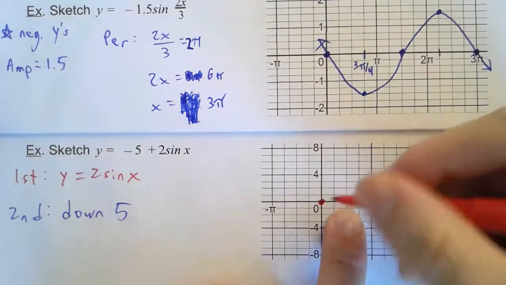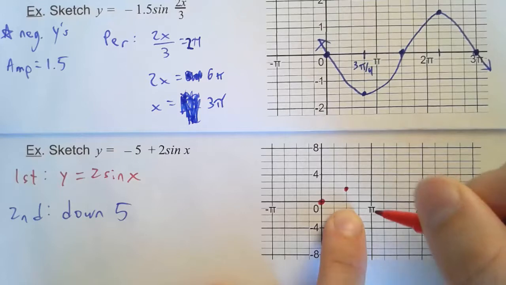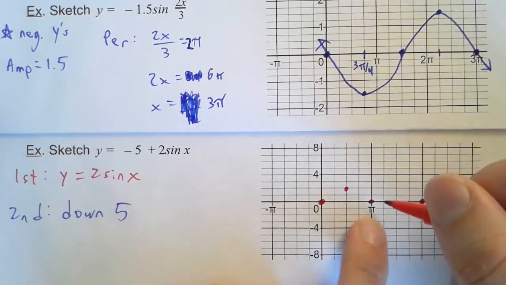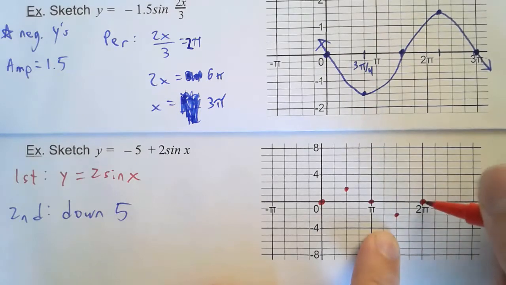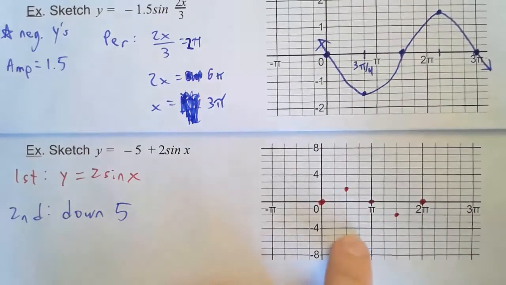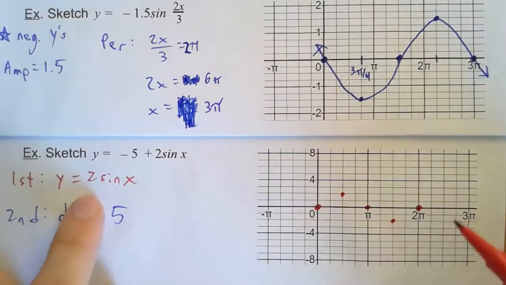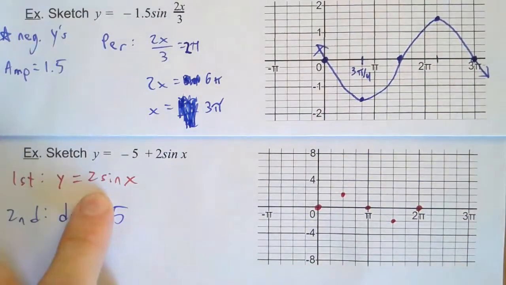We go up to 2, then back to the middle, and then all the way to the bottom of the graph, and we end up at the same place. If I connect the dots, that would be y equals 2 sine x.